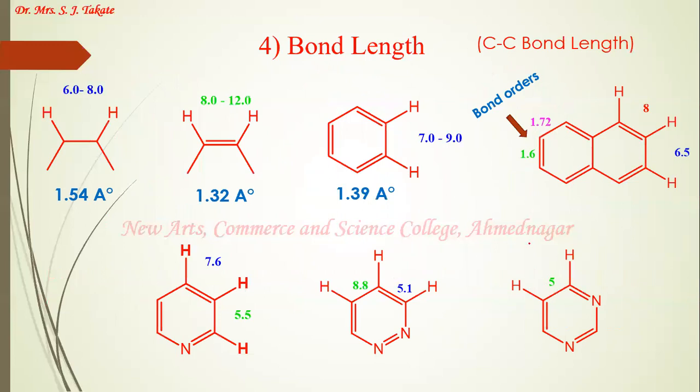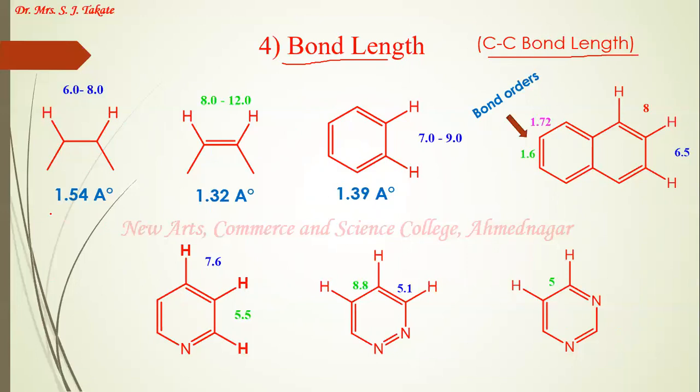The next factor which affects the coupling constant value is bond length. Especially we have to study the carbon-carbon bond lengths. Look at these three cases: a carbon-carbon single bond between sp3 hybrid carbon atoms, then an olefinic carbon-carbon double bond, and this is the example of an aromatic ring system, benzene.